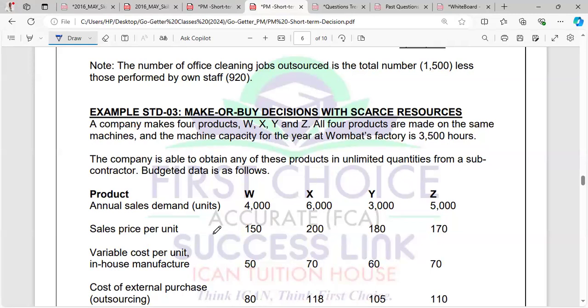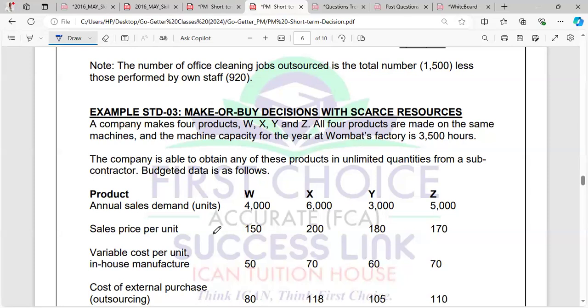We now went into short-term decision making. We concentrated on the make or buy, and we said the guiding principle is check the variable cost of making, compare it with the purchasing cost to buy it externally.